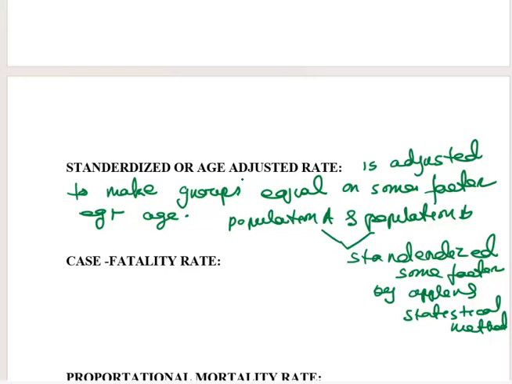In my next video, I'm going to discuss how to calculate age-adjusted rate, for example, death rate, by using the statistical methods, which are direct and indirect.